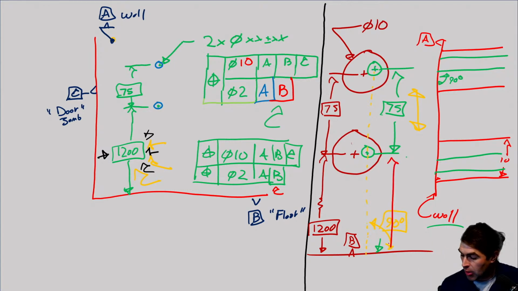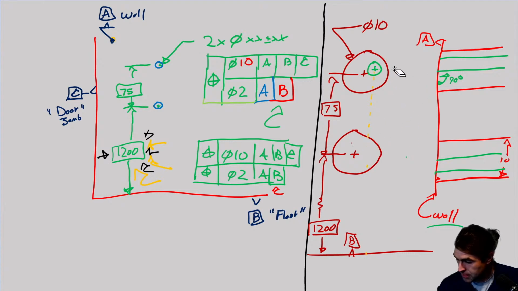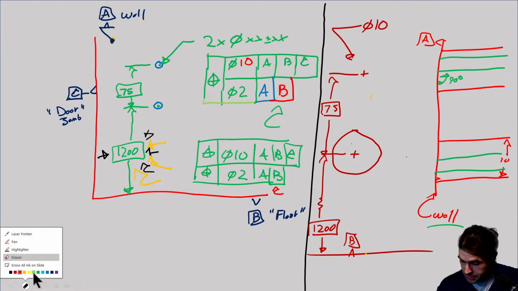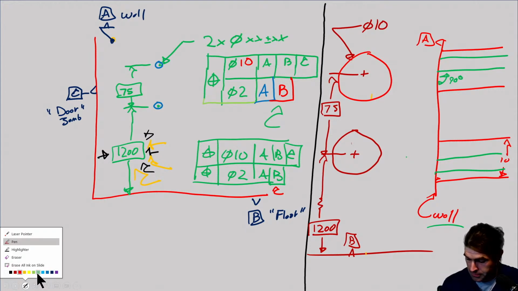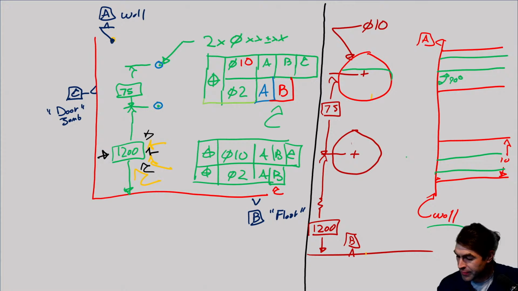So now we are locked in to this 1200 basic dimension to datum B. And what that has the effect of doing, you end up with this almost slot-shaped tolerance zone in the middle of the part, right?